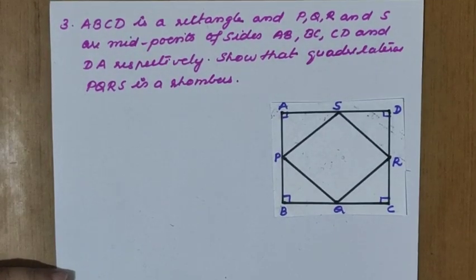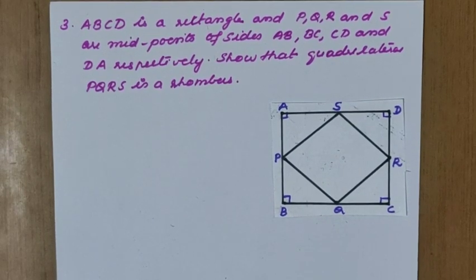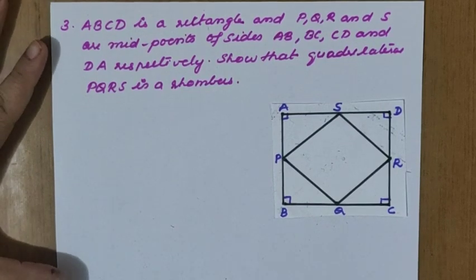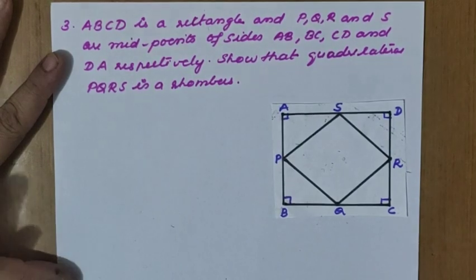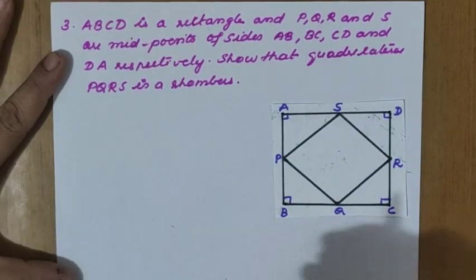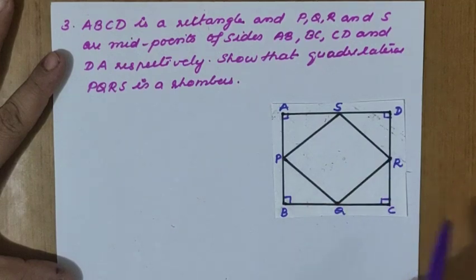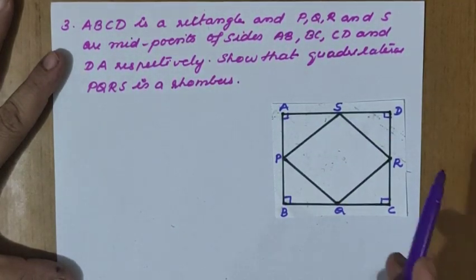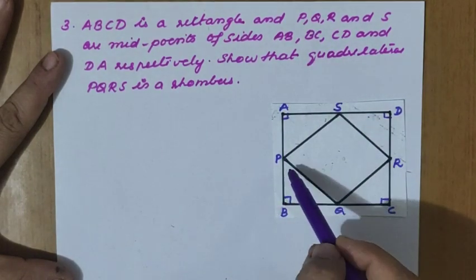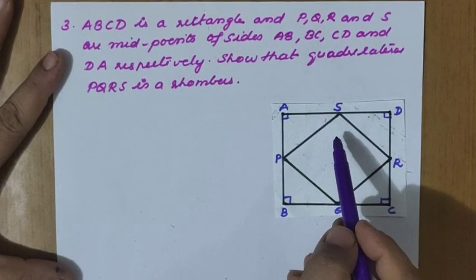ABCD is a rectangle. P, Q, R and S are the midpoints of the sides AB, BC, CD and DA respectively. Show that quadrilateral PQRS is a rhombus. It's a converse of question number 2 only. ABCD is a rectangle means each angle equal to 90 degree and moreover opposite sides are equal also. Now we have to prove that PQRS is a rhombus.